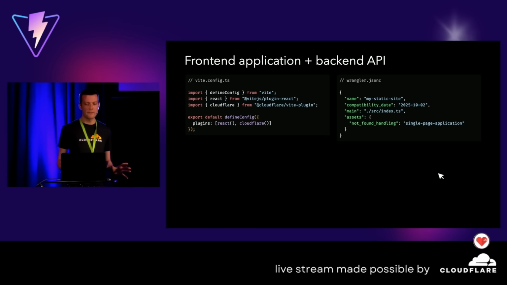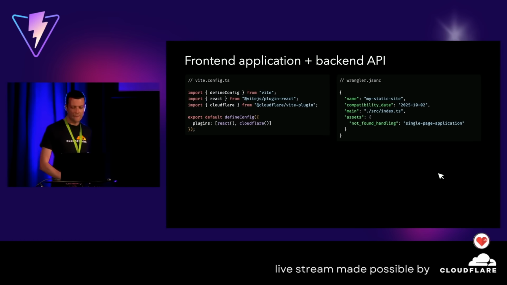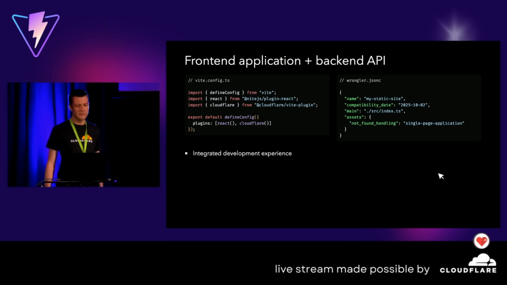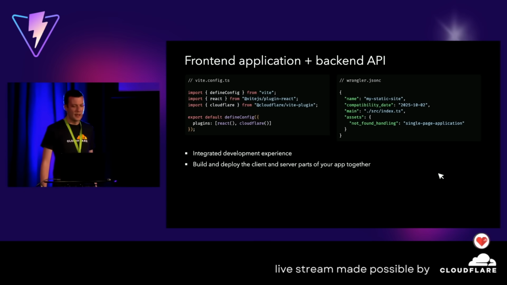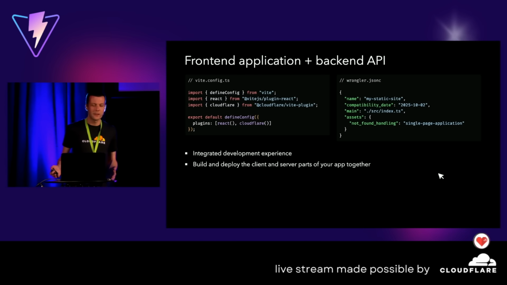So you just run Vite dev, and it's going to run both environments together for a fully integrated development experience. Some examples of why you might want to do this: if you're using, for example, a library on the back end like tRPC or Hono, and you've got that really nice type safety across front end and back end, then this allows you to run it all inside Vite. And then you can build and deploy the client and server parts of your app together.